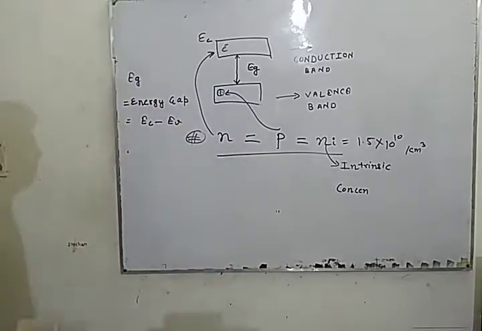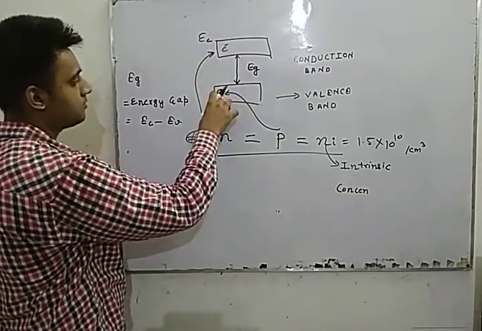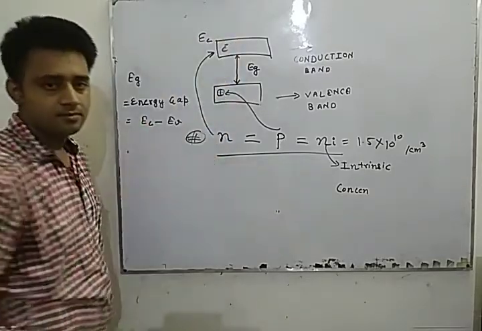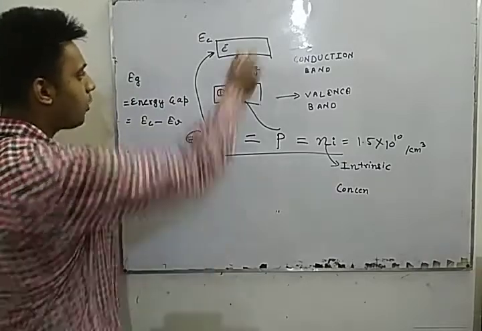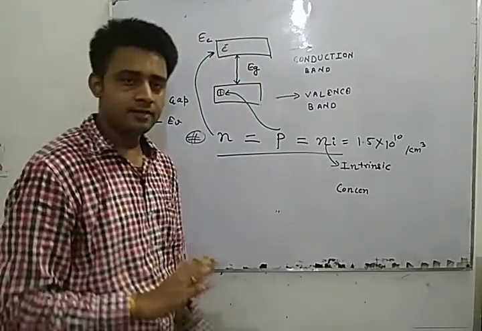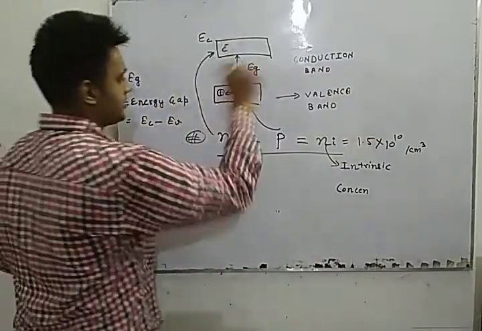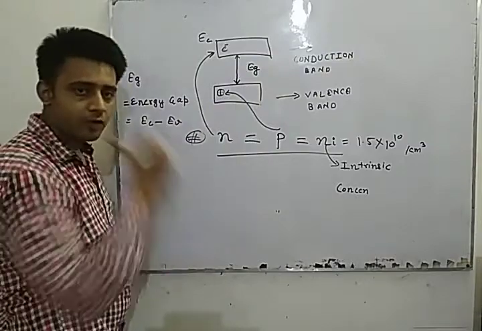Now, the second thing: from where are these positive charges and electrons generated? The whole story behind this is mainly two things: generation and recombination.